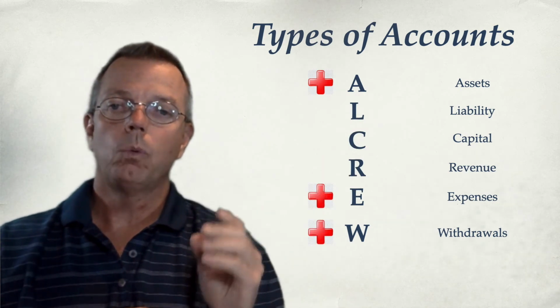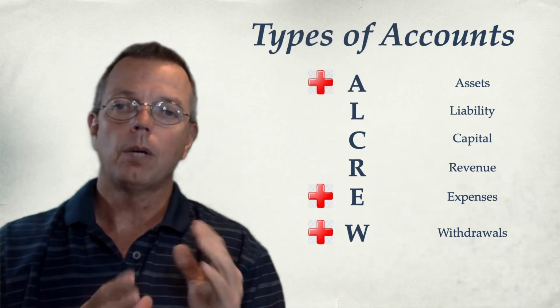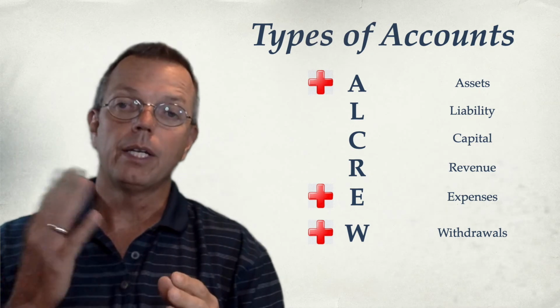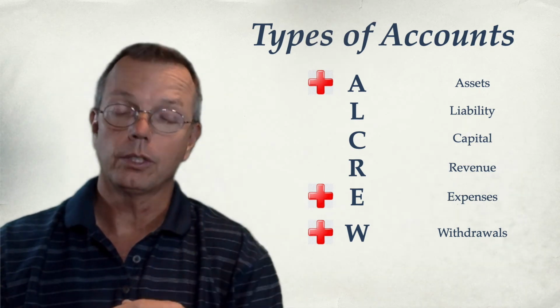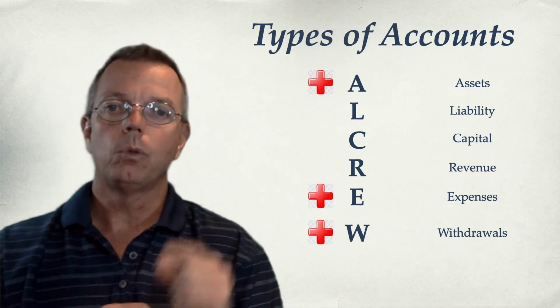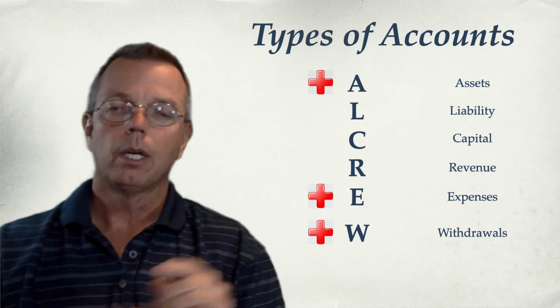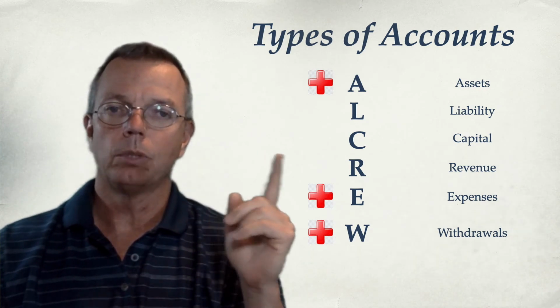The reason we use this acronym, ALCREW, is that it helps us identify which side increases and which side decreases when we start inputting transactions. So here's how I like to do it. It's a quick, short little part. You can easily remember ALCREW, but what comes next is the tricky part: which ones increase and which ones decrease?